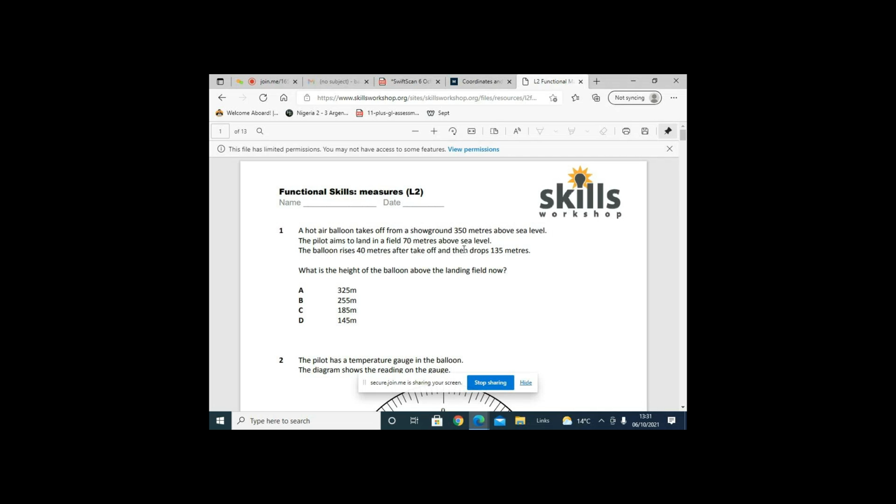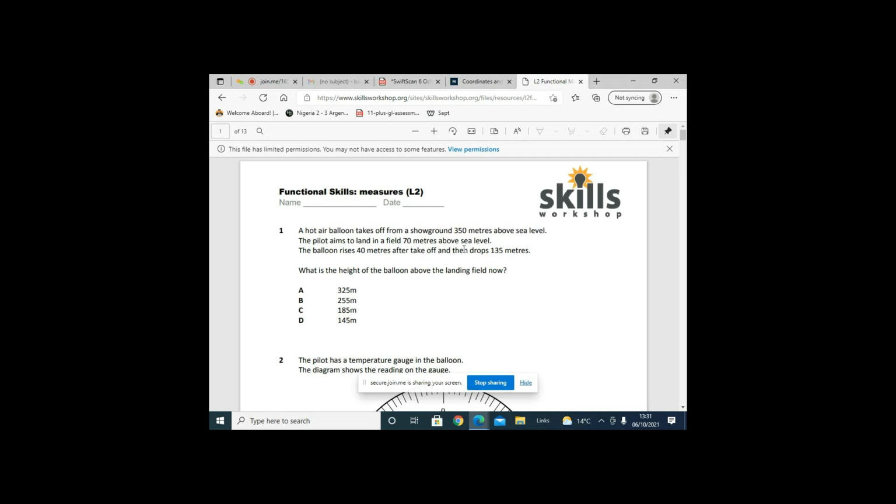The landing field is 70 meters above sea level, so just take away 70 from 255. That's 185.